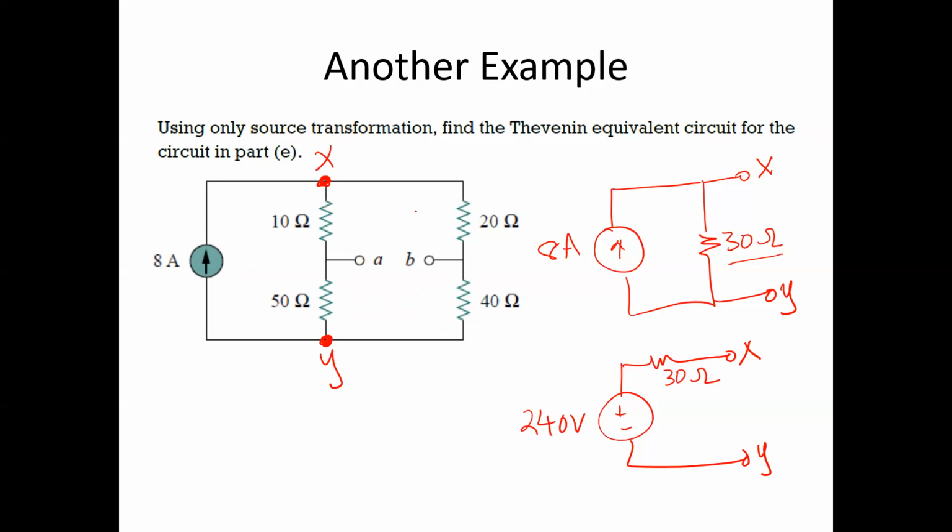So either you would have to formally do an open circuit voltage, short circuit current calculation to find that, or you would have to try to do some other calculations. You couldn't do it with source transformation alone. Okay, so this was the only Thevenin equivalent circuit that you could find with source transformation alone, but it's not across A and B. Okay, so this finishes the slides that I had prepared going over the exam.